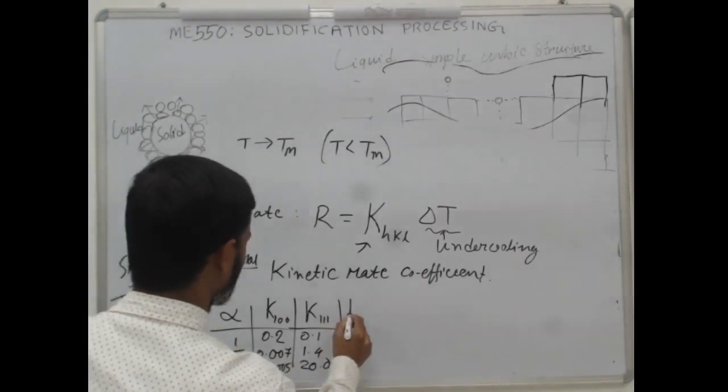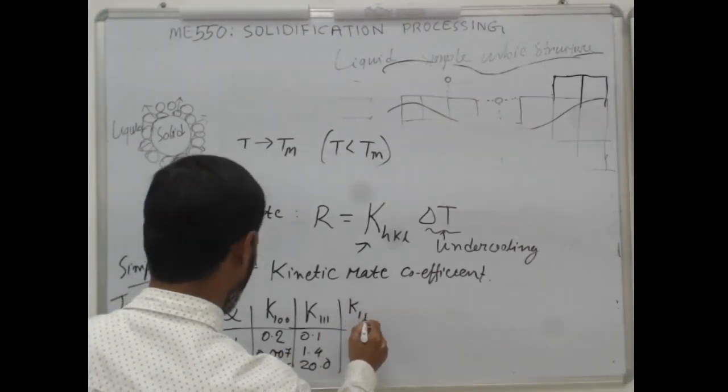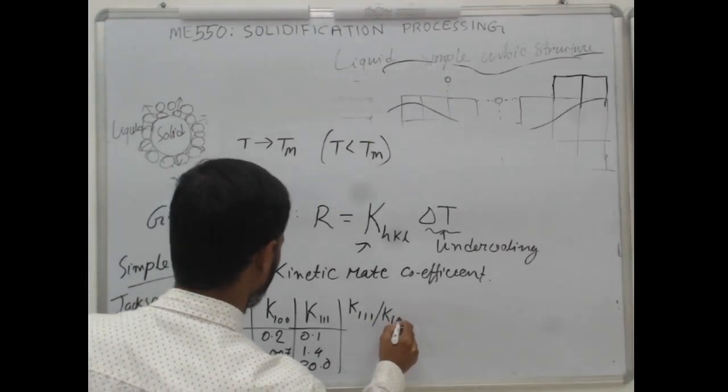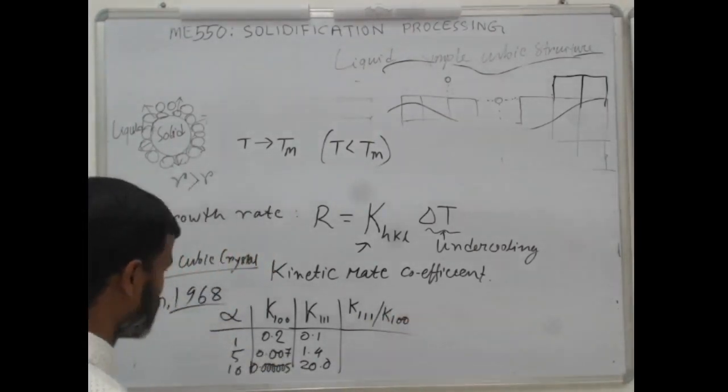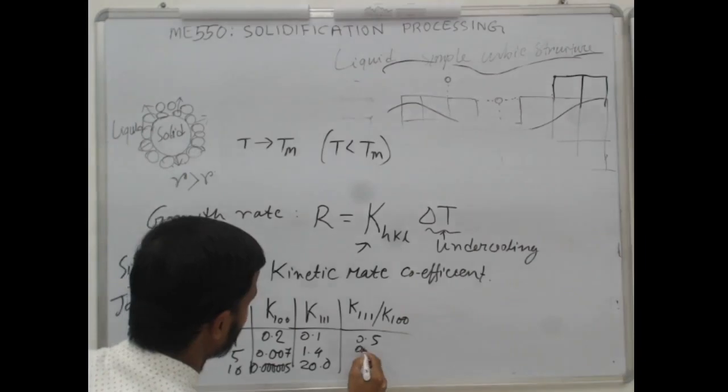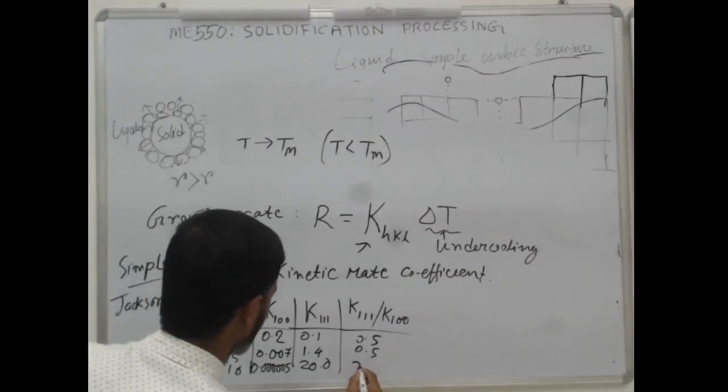So when you divide K111 by K100, the ratio you get is 0.5, 0.4 and then 20.